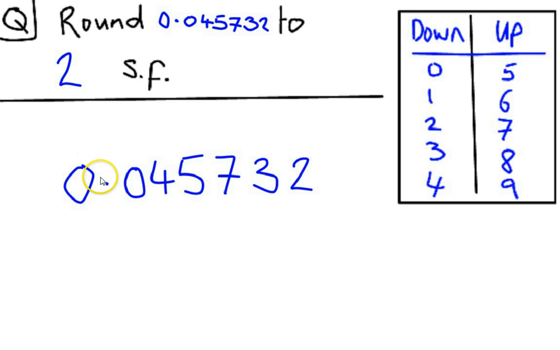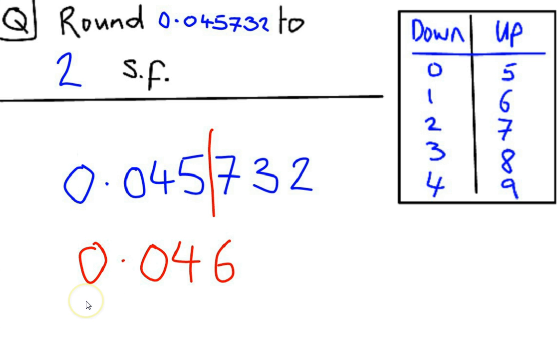So after that, we are now going to do just the same as we've done before, a line down there. And we're going to look at the 7, which tells us from this table here that we need to round this digit up. So this answer becomes 0.046.